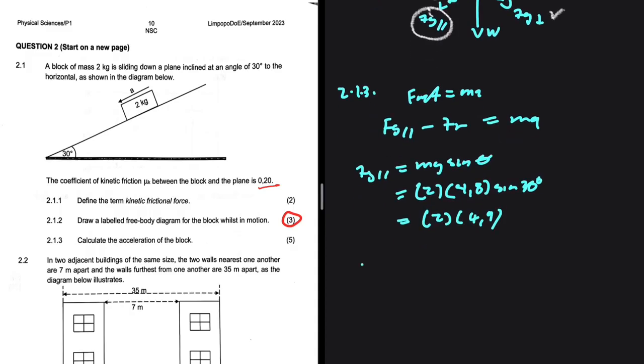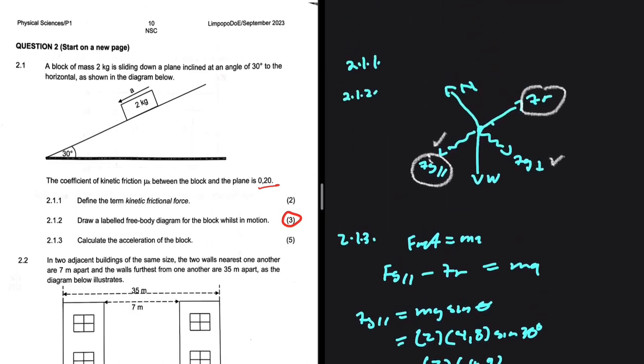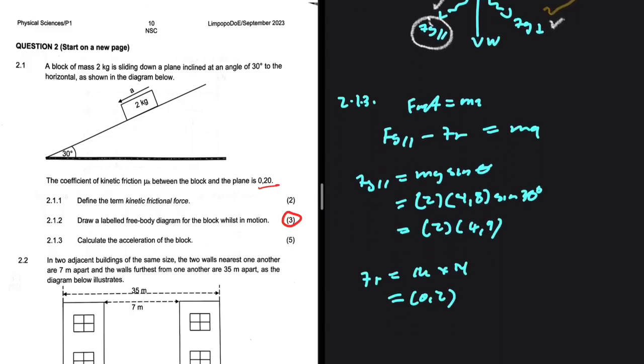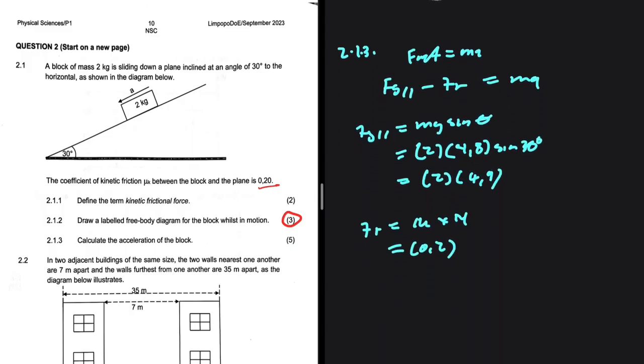And then now we can calculate frictional force. Frictional force is equal to the coefficient multiplied by the normal force. The coefficient is 0.2. And then our normal force, if you look at our free body diagram, is being balanced out by FG perpendicular. So the normal force is equal to FG perpendicular in this instance, where FG perpendicular is mg cos theta.